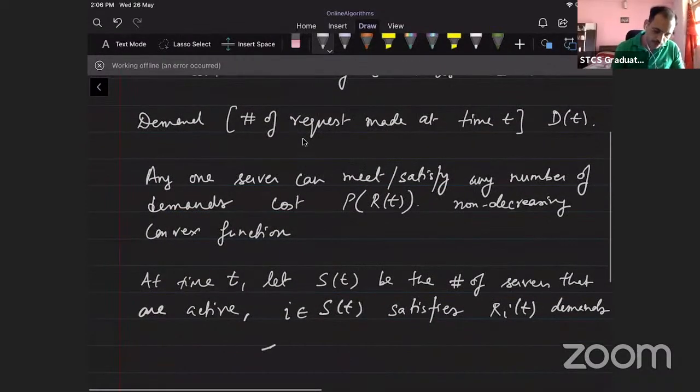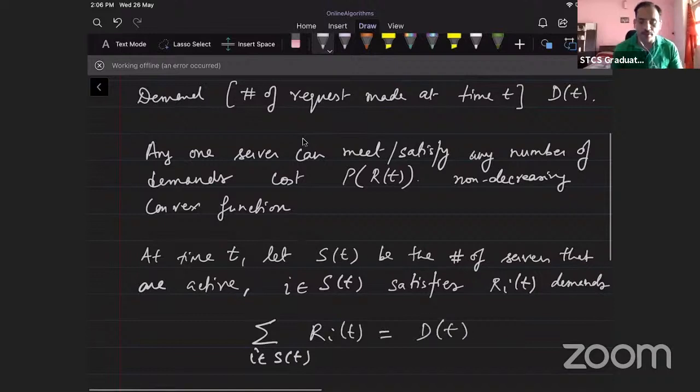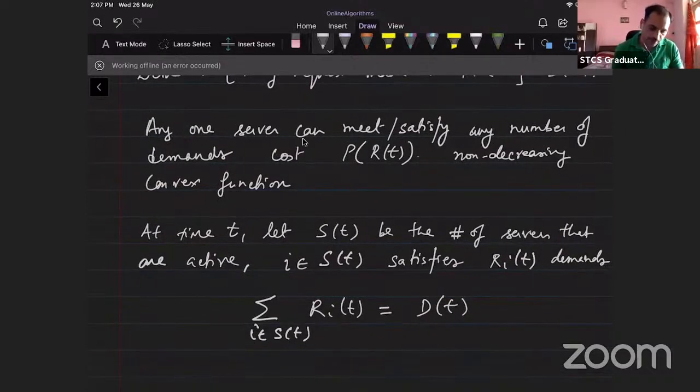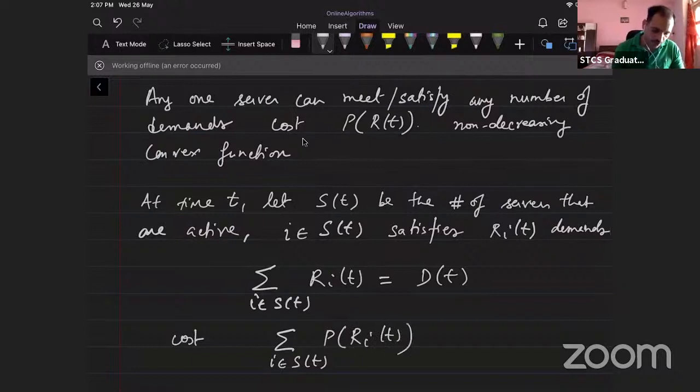So the constraint we have is that the sum over i belonging to S of t of Ri of t should be equal to d of t. So that is the number of demands being made, and the left hand side is the total number of demands being satisfied. All of them have to be satisfied, and the cost is the sum over i belonging to S of t of P of Ri of t. So that's the cost to them.